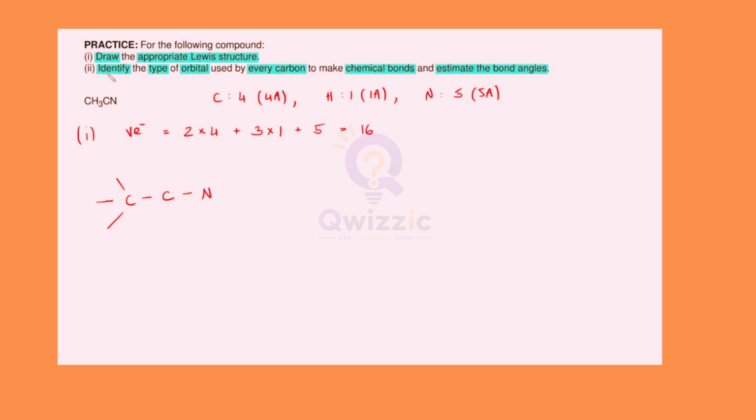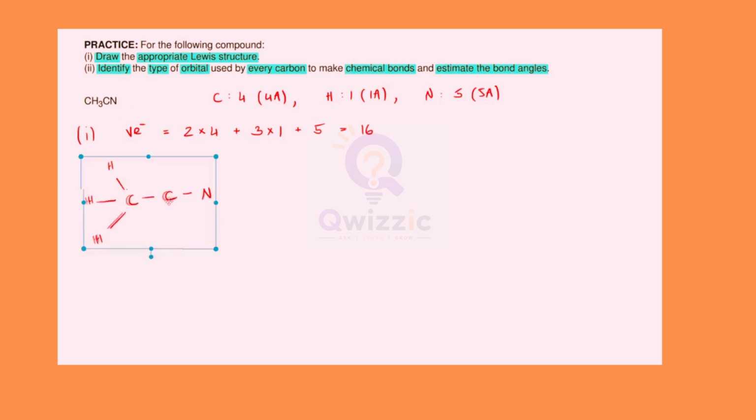Whenever we are dealing with Lewis structures in organic chemistry, we can just read those condensed structures from left to right. And that's why we assigned 3 hydrogen atoms bonded to the first carbon, followed by the carbon-nitrogen bond.